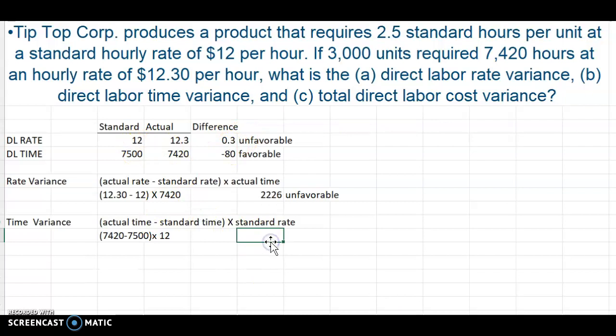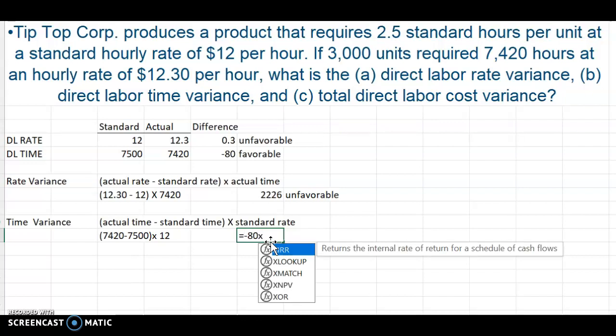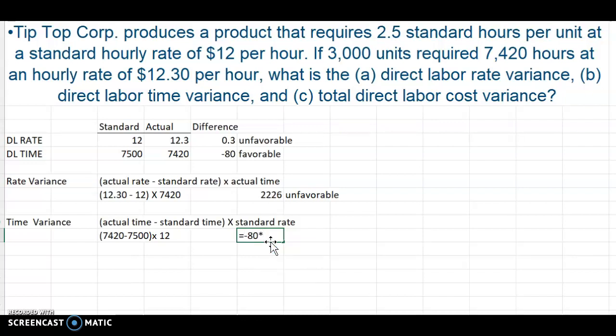So let's do that. 7,420 minus 7,500 would be negative 80. And then we're going to times it by our standard rate, which is 12. So we get 960. And this one is favorable.